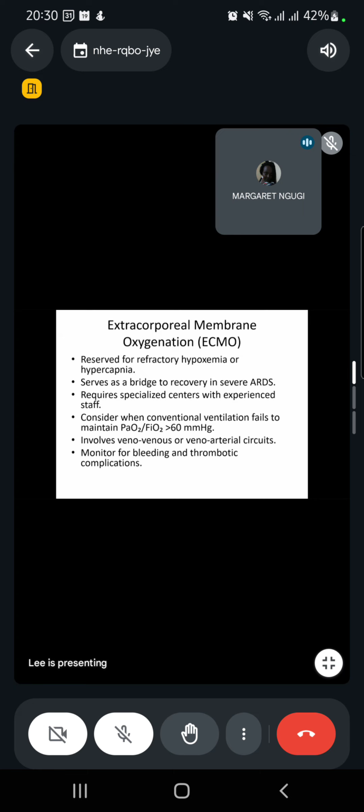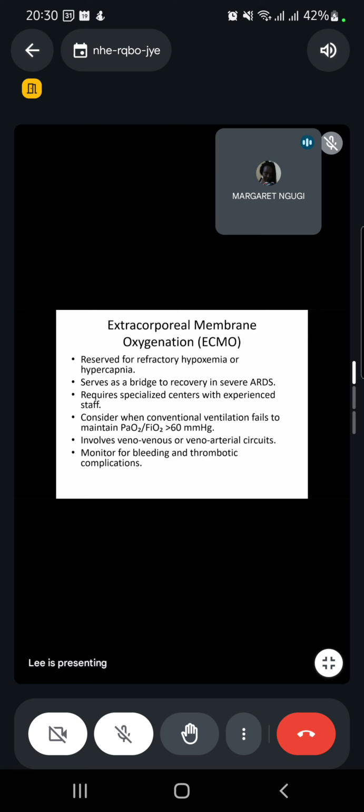There's extracorporeal membrane oxygenation. This is where there's a machine outside: blood is taken out of the body, oxygenated outside, and then returned to the body. It's employed when you've tried to ventilate without improvement.